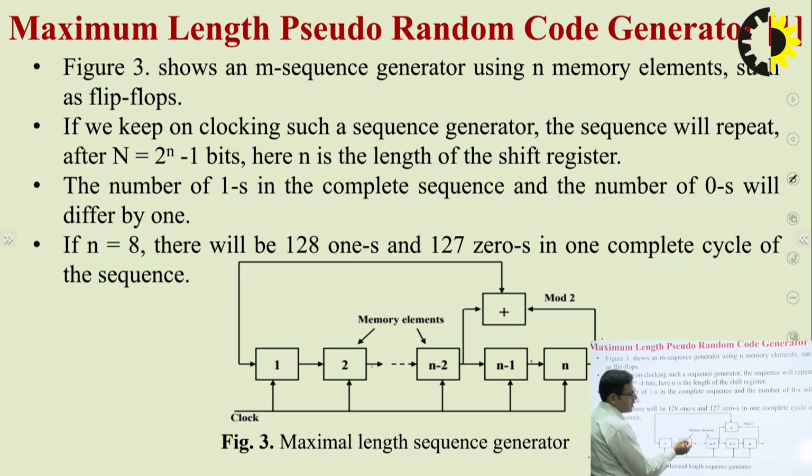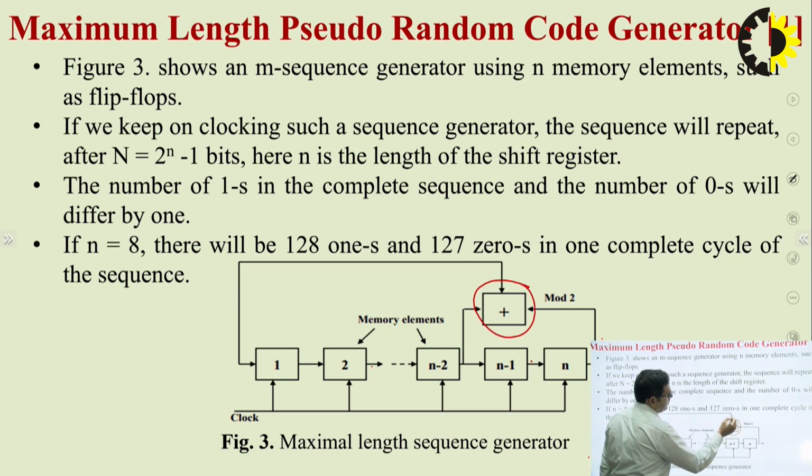These flip flops are basically memory elements and store the bit until the next clock arrives. The logical circuit is simply a modulo 2 adder which takes states from the flip flops.